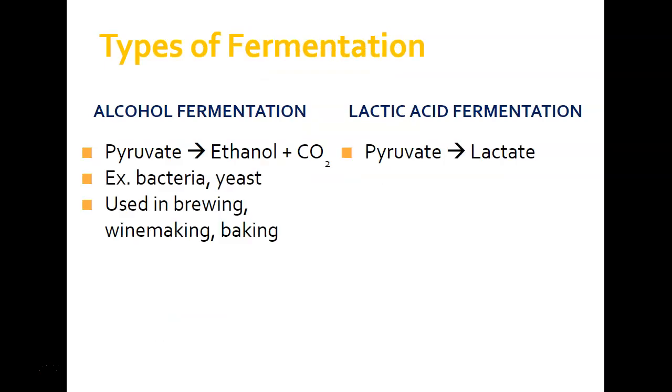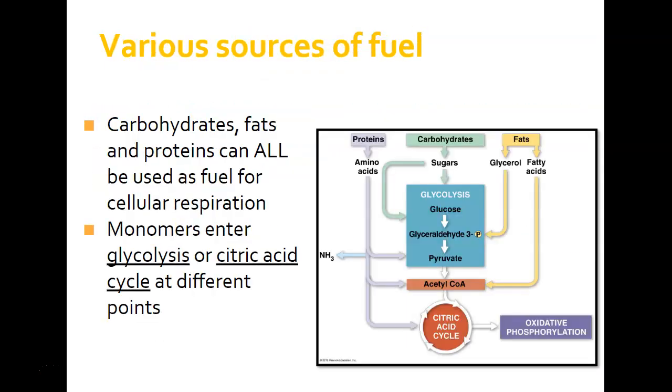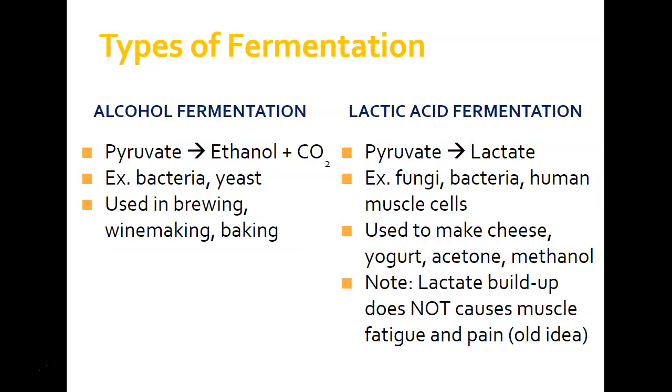Okay, so there's 2 types of fermentation. There's alcohol fermentation, which takes pyruvate and converts it to ethanol and CO2. So I always think of bacteria or yeast. Baker's yeast is an example of this. It's also used in winemaking, obviously, brewing of various sorts, because ethyl alcohol is where that comes from. And it also can generate carbon dioxide. Lactic acid fermentation produces lactate.